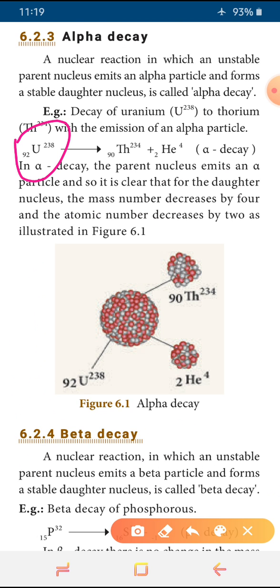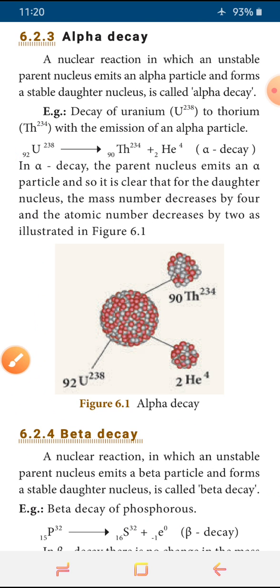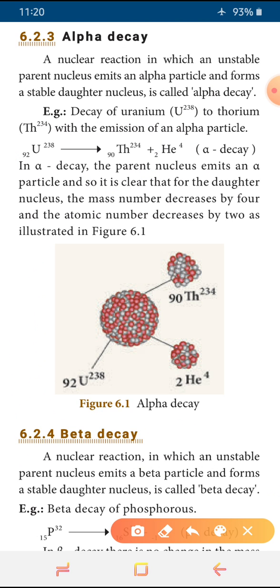It loses 4 in mass number, and the atomic number is reduced by 2. It emits helium and the uranium converts into thorium. This decay is called alpha decay.